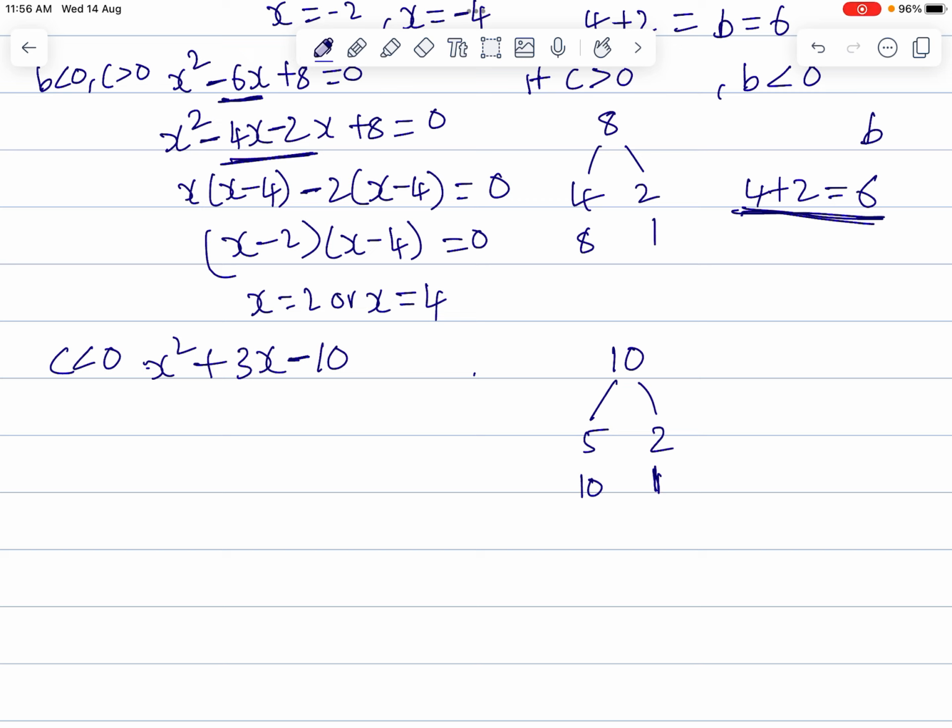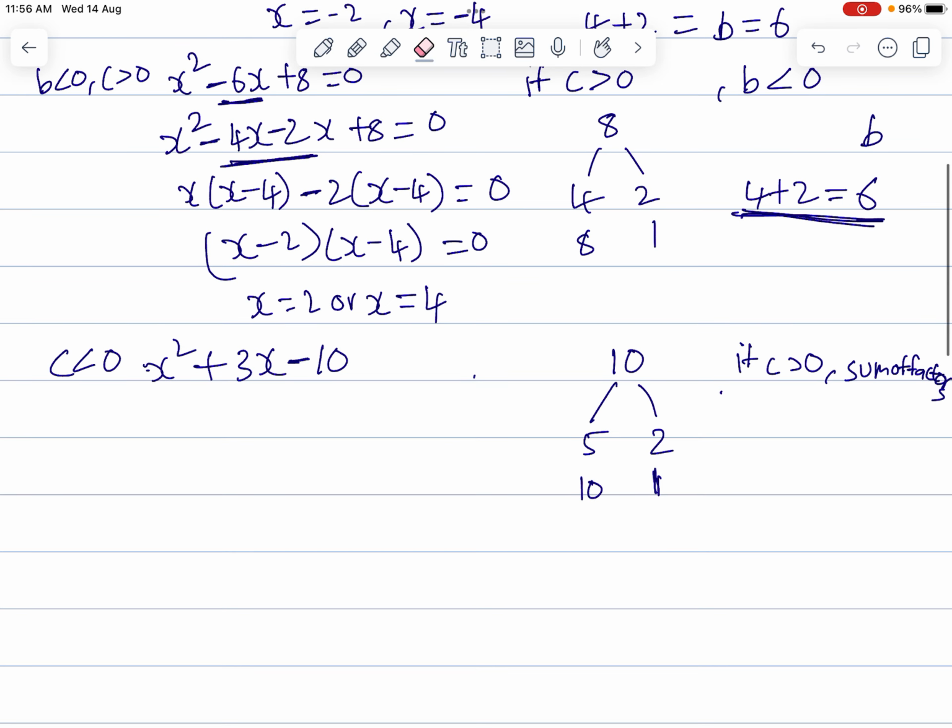But usually when c is greater than 0, we go for the sum of factors. In this case, if c is less than 0, we go for the difference.